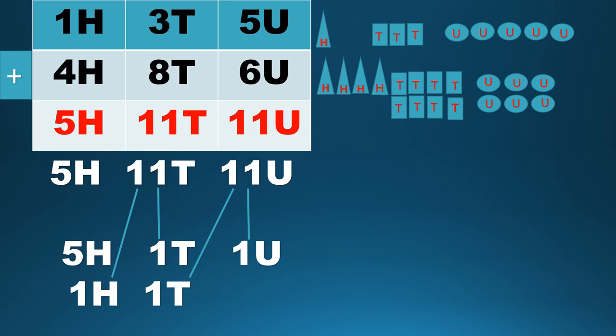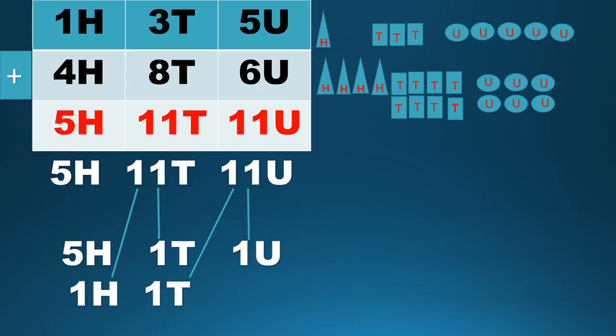So let's understand one more example. 1 hundred 3 tens 5 units plus 4 hundreds 8 tens and 6 units. So 5 units plus 6 units is 11 units. You carry over 1 ten to the tens place.